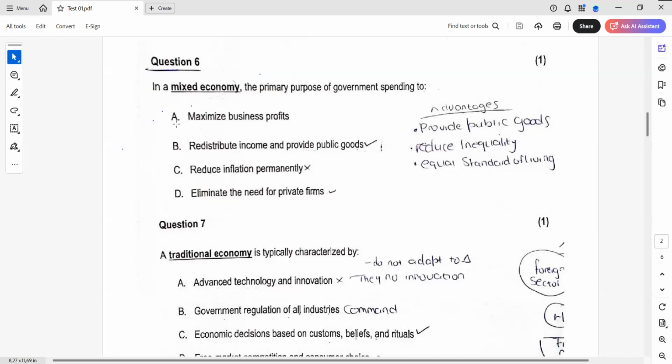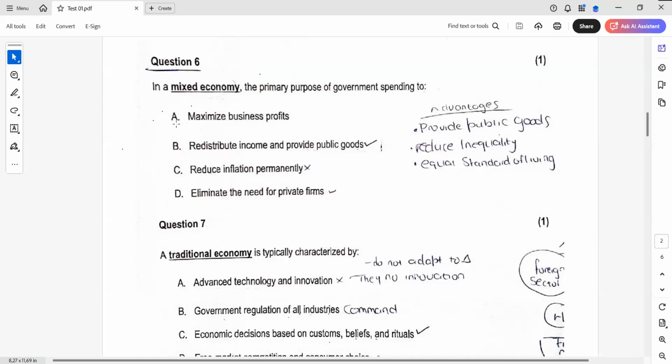No, the government is there to actually provide for our needs, and the market is there to provide for our wants. Right. South Africa is an example of a mixed economy because there's a mixture of the free market as well as the centrally planned, meaning that the government owns most of the resources.